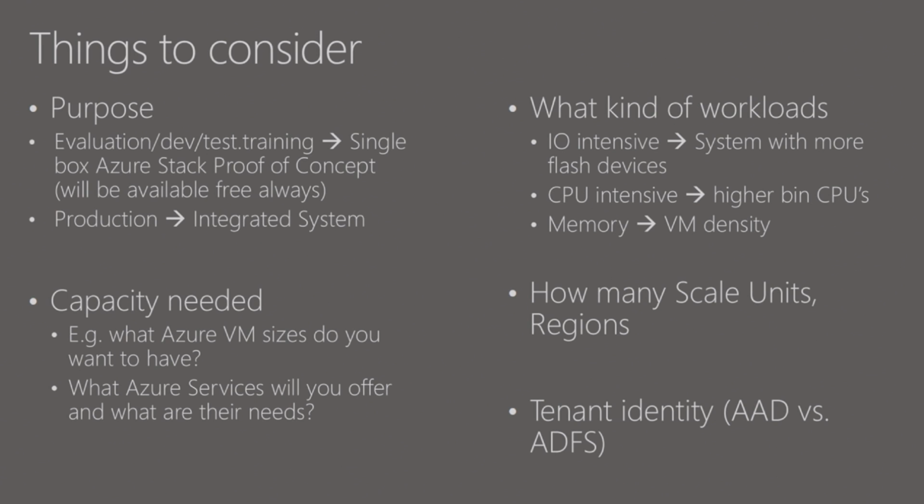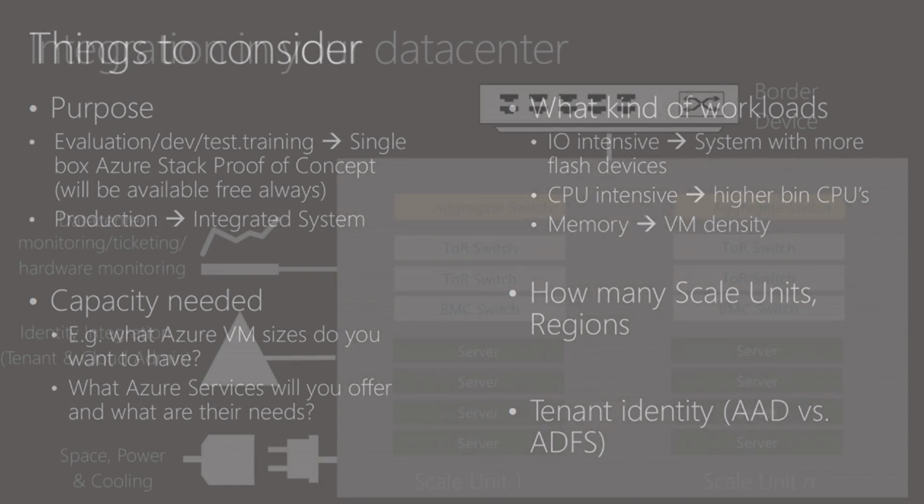If you use Azure AD, then your tenants need to be federated with Azure AD, and that's how we will get a token and authenticate ourselves to the portal. If you're offering services to an internal organization, you may choose to just use ADFS with an internal Active Directory forest, federate with ADFS, and they can get a token from ADFS and then log into the portal in that manner. All entirely up to you, right?